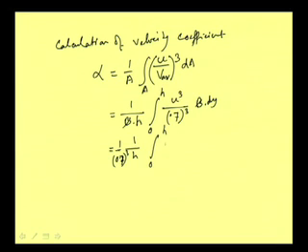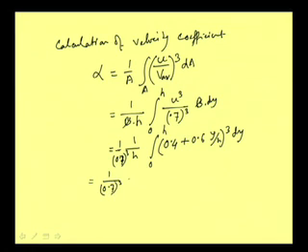And then u we can write, using this equation, as 0.4 plus 0.6 into y by h, this whole cube, into dy. Well, if we simplify this 1 by 0.7, after this your problem is just simple integration and arithmetic calculation.